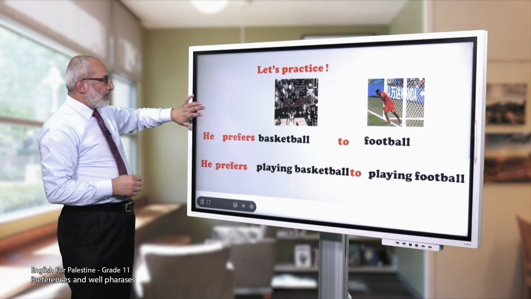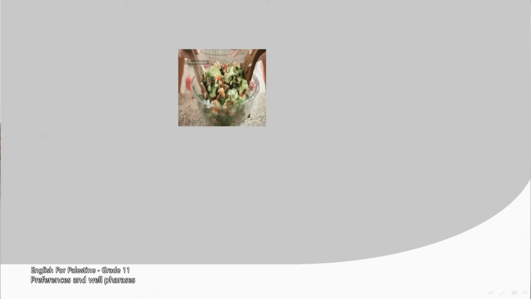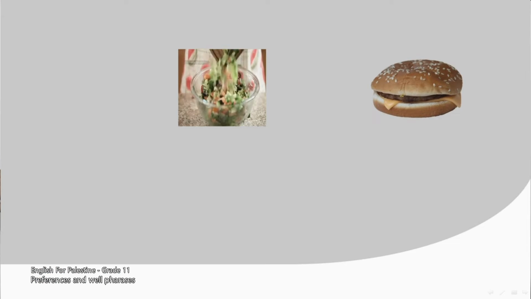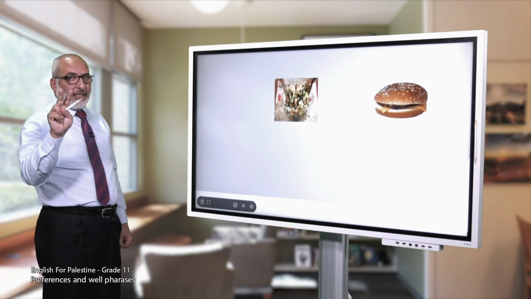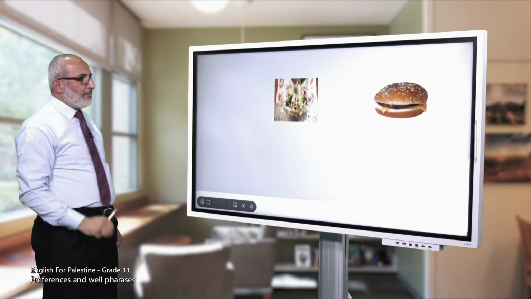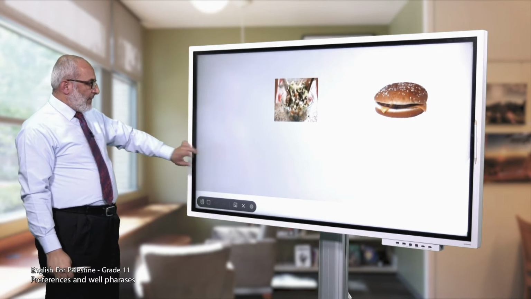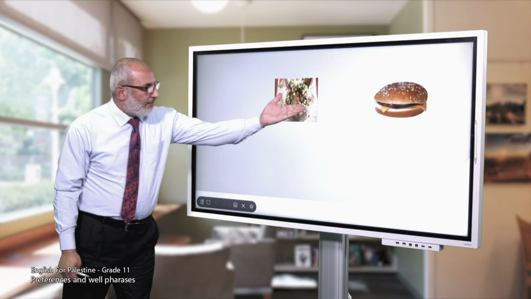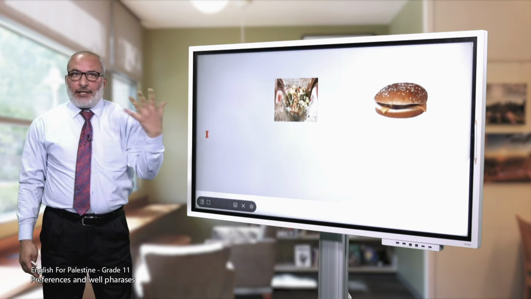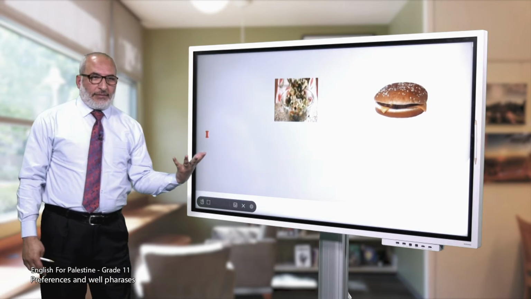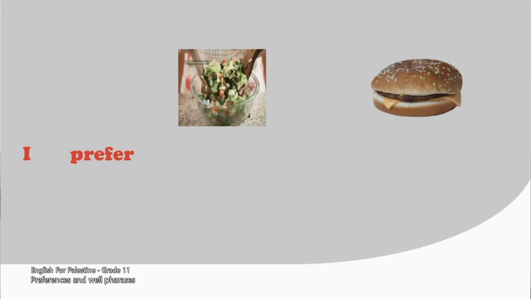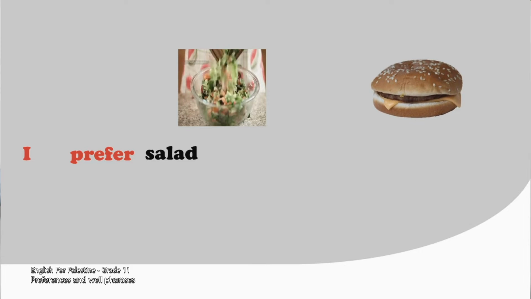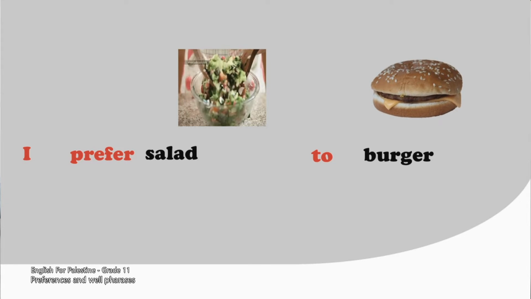Okay? Another example. Look at these two pictures and try to make two sentences using the structure of prefer. The subject is I. Look at the picture. You can use any words. I prefer, what's this? Salad to burger.